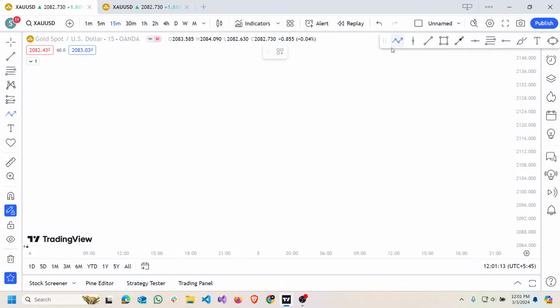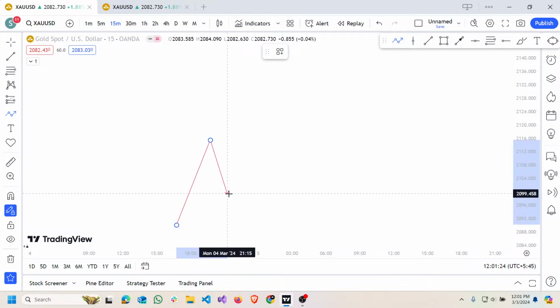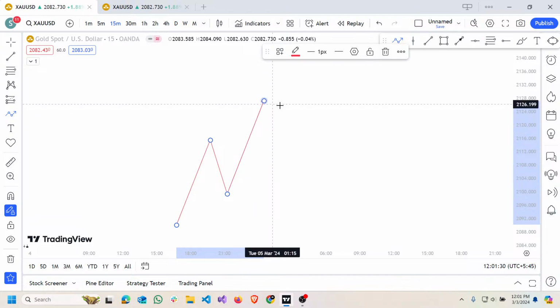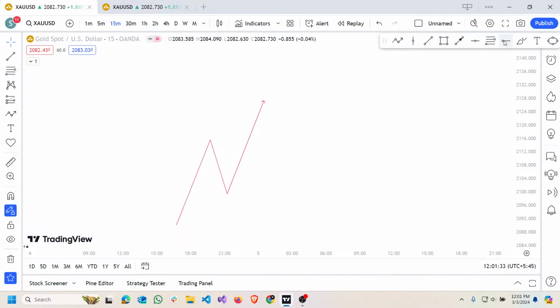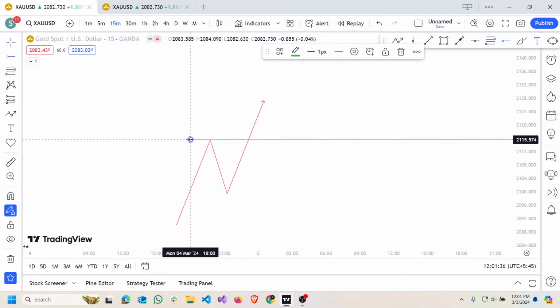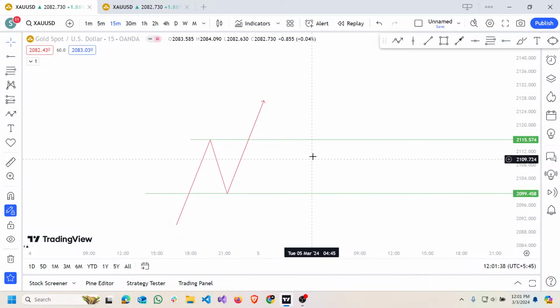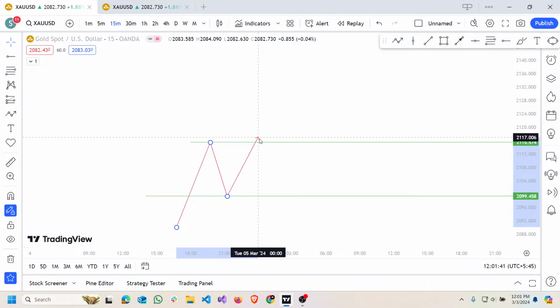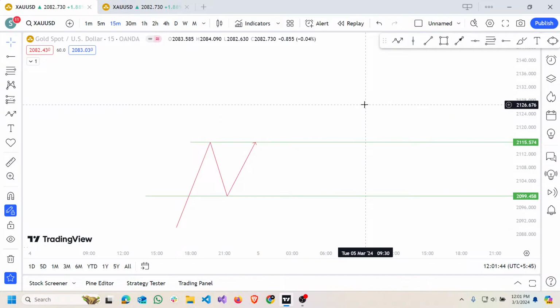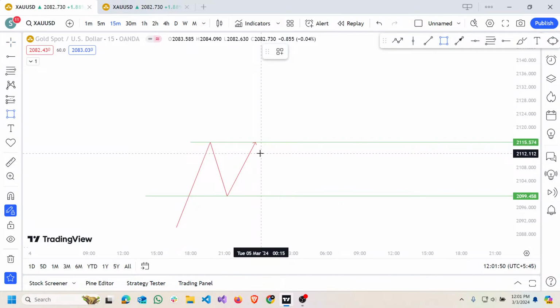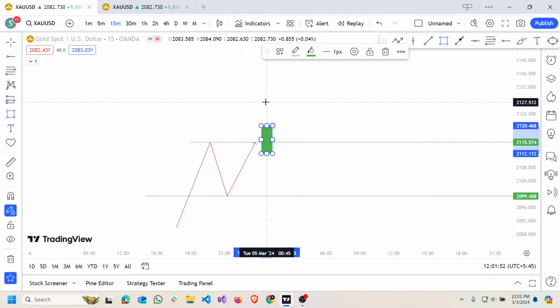So now let's begin. First, what to look for in this trade? First, look for a trend. If the market is trending, we have higher highs and higher lows. Let's say the market is here, and the next 1 hour, 30-minute or 4 hour candle closes like this.